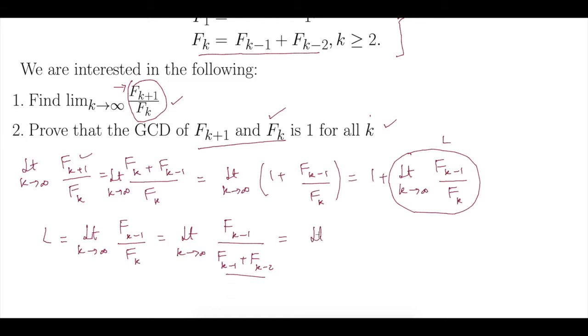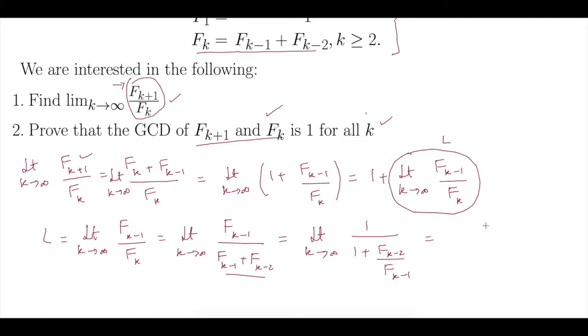So I can say limit k tends to infinity 1 over 1 plus f of k minus 2 over f of k minus 1, which is equal to 1 over 1 plus limit k tends to infinity f of k minus 2 over f of k minus 1.